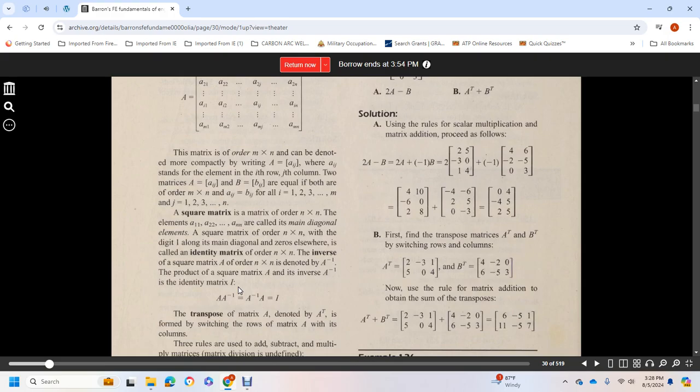The elements a11, a22, up to ann are called the main diagonal elements.